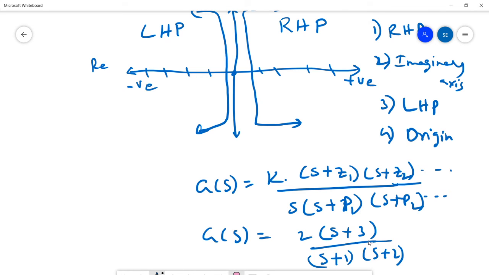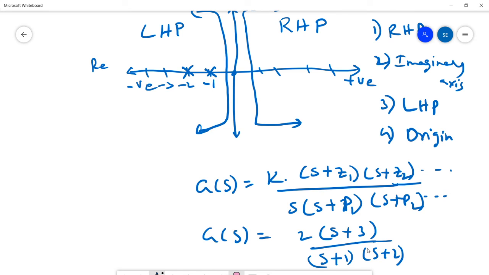If you get this kind of system, how do we determine the poles and zeros? S plus 1 means S equal to minus 1, so you get minus 1 here, minus 2, and minus 3, and so on. So we have a pole here, and a pole here.